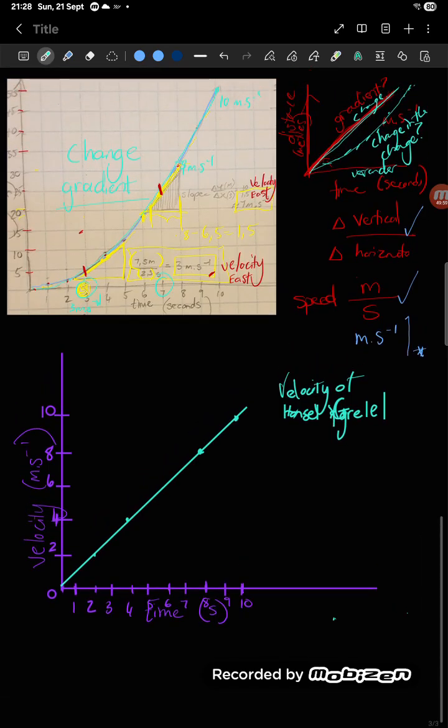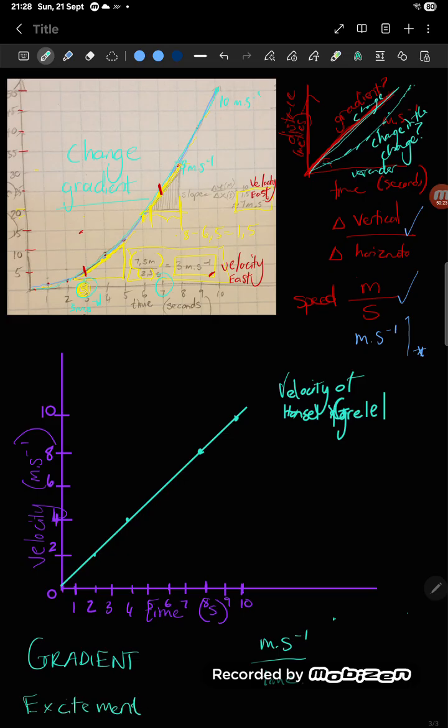Well, let's look at our units again. I've said it a few times, but we've got to look at it from every angle. The gradient is the key word in all of this. The gradient or the slope tells the story of their excitement, and it will tell the story of what's happening in your motion.